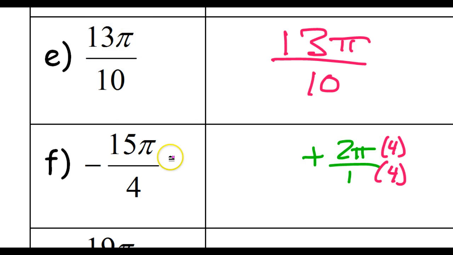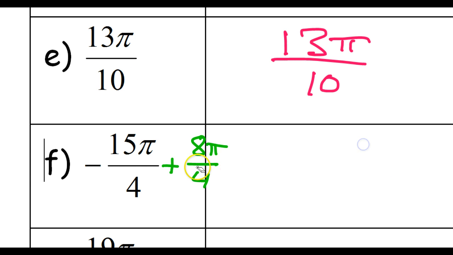So I'm going to add 8 pi over 4. This is negative 15 pi plus 8 pi, which is negative 7 pi, so negative 7 pi over 4. Well, that's still negative, so I'm going to have to add another 8 pi over 4.